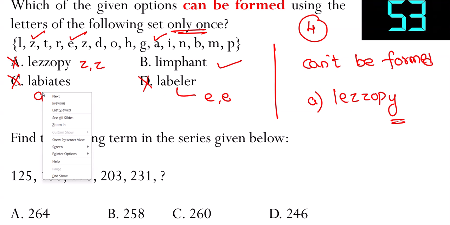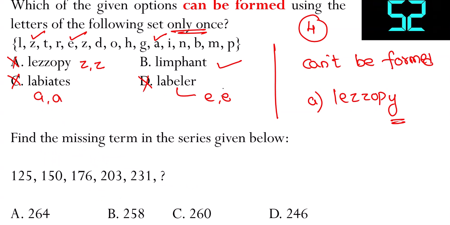But since they use "only once," this should be "can be formed." If no constraint regarding "only once" is required, then since the Y letter is not available in the set, we can go for that, right?